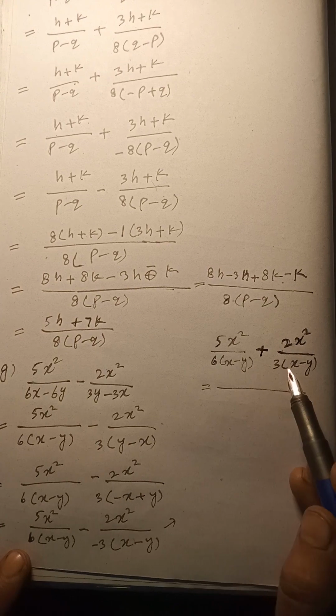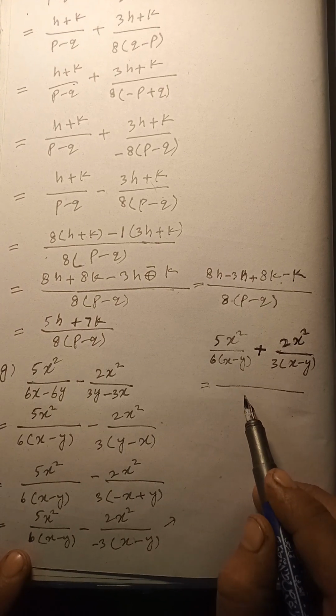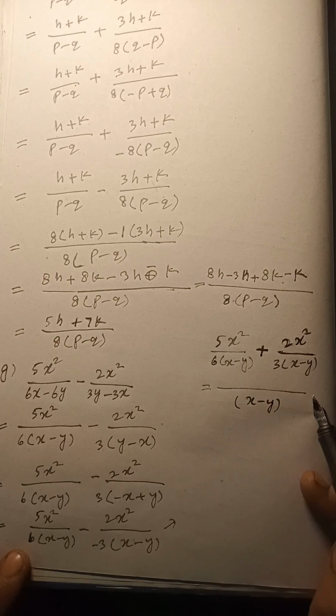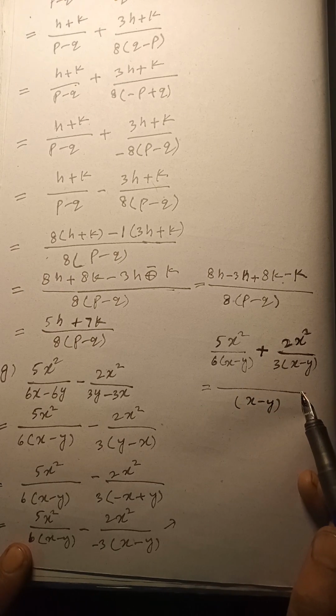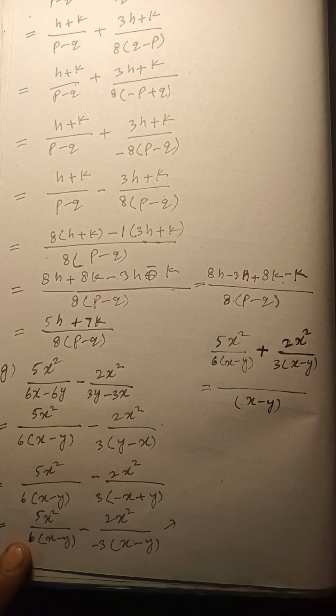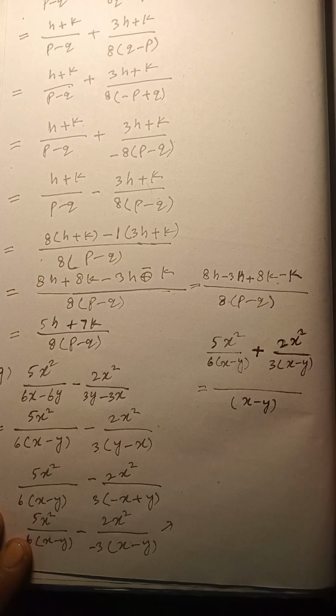Now you can see x minus y are same, so x minus y will be taken as common, and 3 and 6, these are also same. There is a common 3 in them. You should need to take LCM like that.